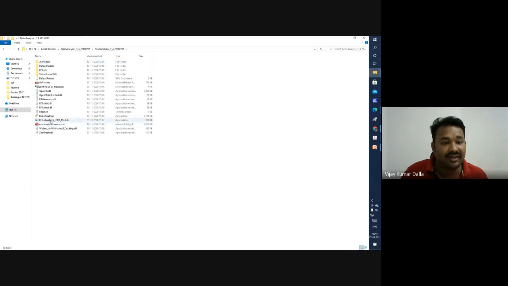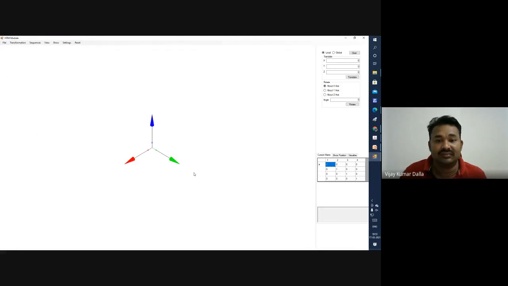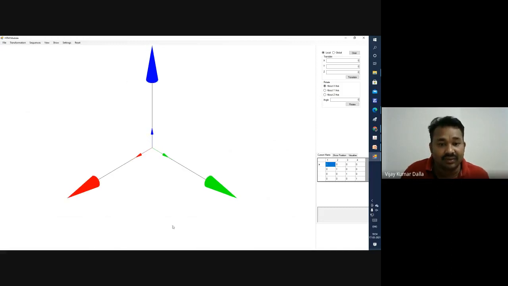Yeah, this one. Before the actual software, RoboAnalyzer, why not get exposure to the HTM module? See, there are two coordinate systems. Both are initially coinciding with each other, the bigger one and a smaller one. These are also known as frames.